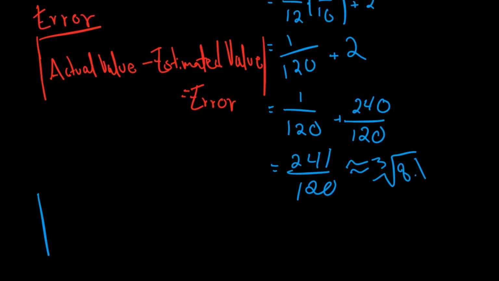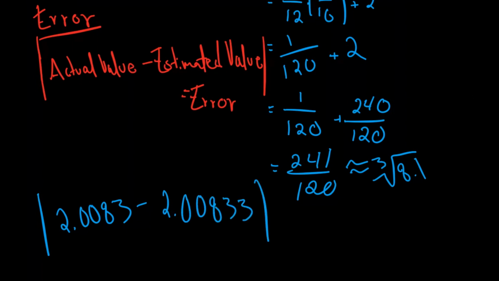We have cube root of 8.1, which is going to be 2.0083, minus the estimated value. What do we get when we divide 241 by 120? We get 2.00833.